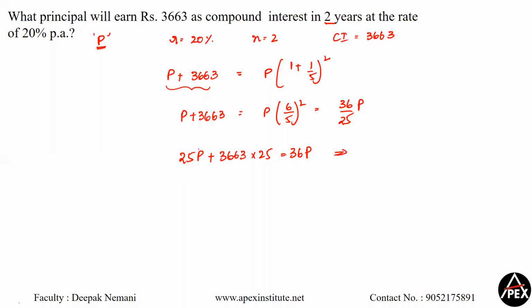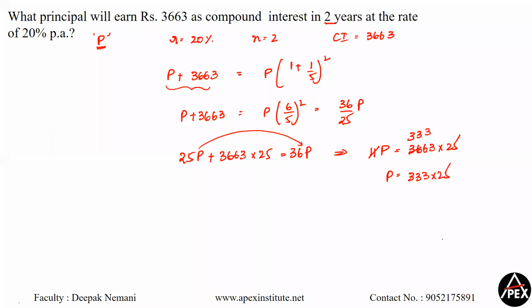Bringing 25P across, I will have 11P is equal to 3663 into 25. Cancelling 3 with 3, principal is equal to 333 into 25.